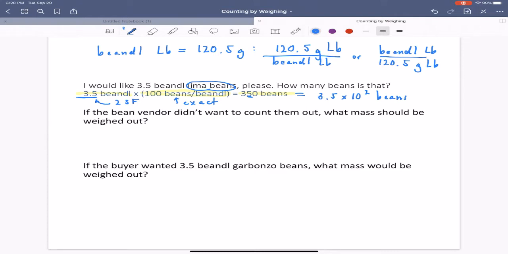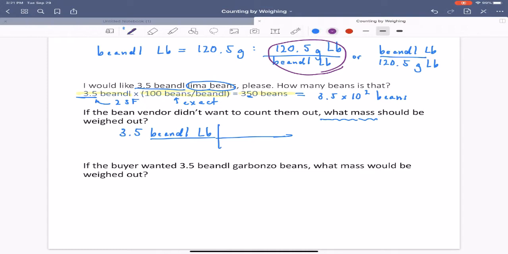So if the vendor didn't want to count them out, what mass, we're headed to grams, should be weighed out? And because we're headed to grams, this is the version I'm going to use. So we begin with the given, number plus units, 3.5 beandle of lima beans. And then we're going to use this ratio.